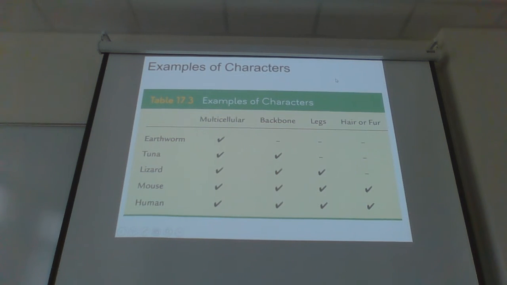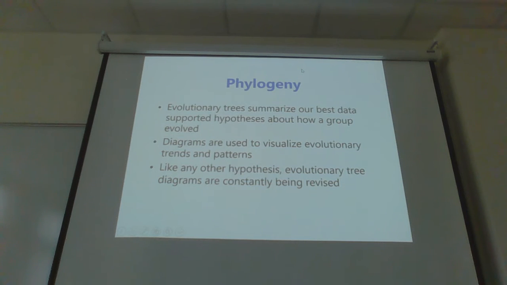These are examples of characters. These are just physical, okay? Is the organism multicellular? Does it have a backbone, legs, hair or fur? These are all characters that we may base our classification upon.